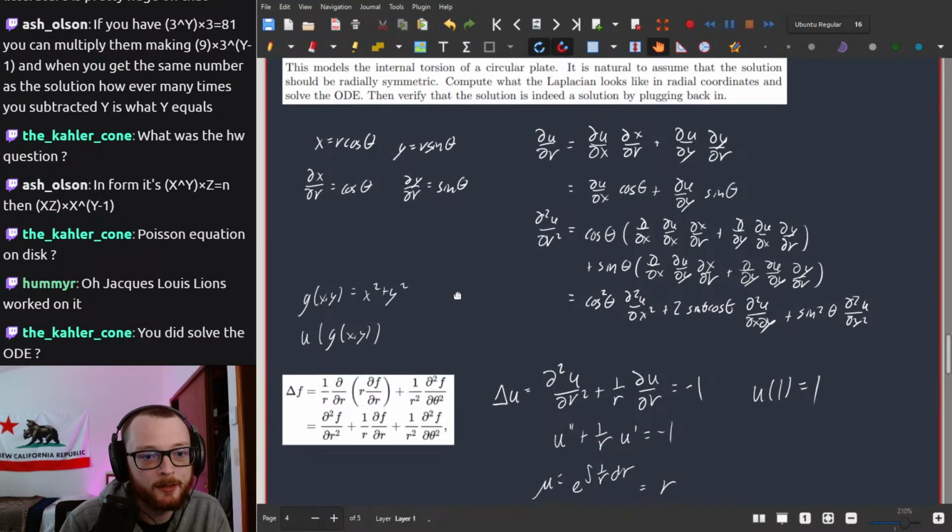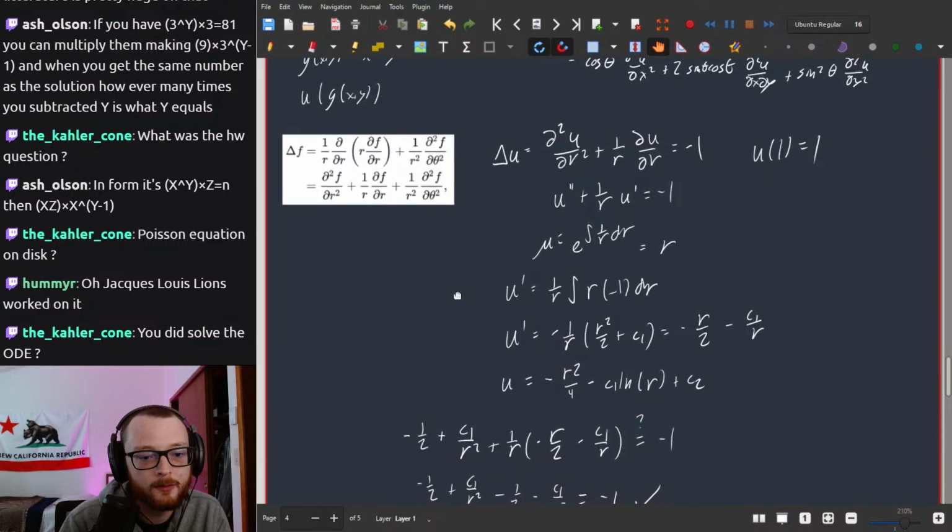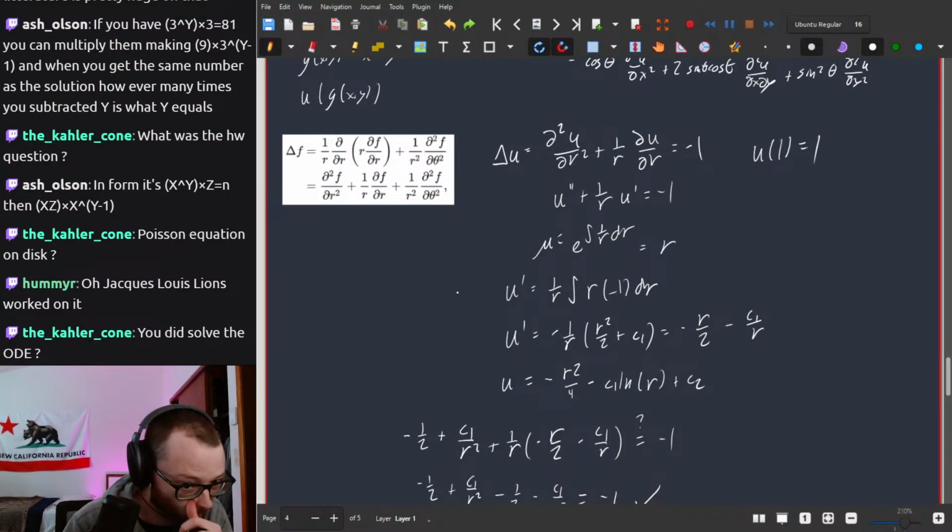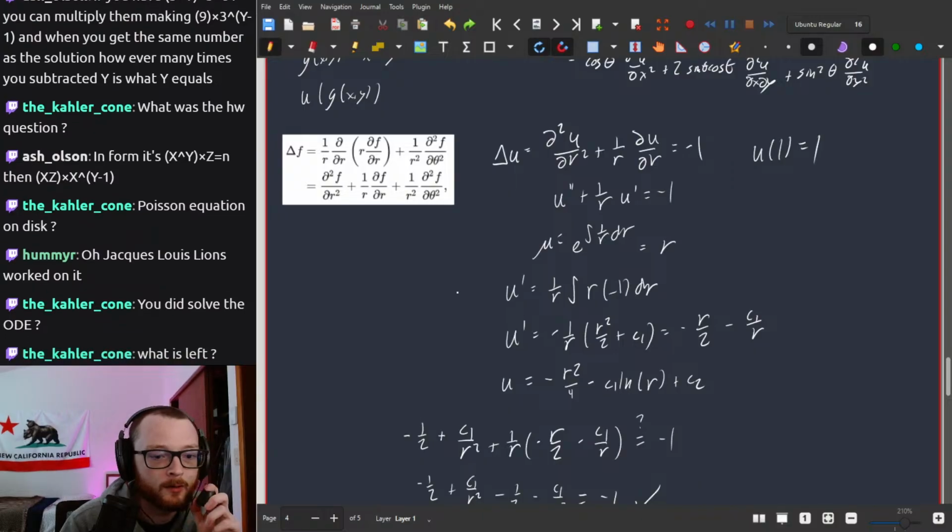It's this annoying looking function here. I guess the issue is that there's two constants. I can only determine C2 because I can only figure out one boundary condition.